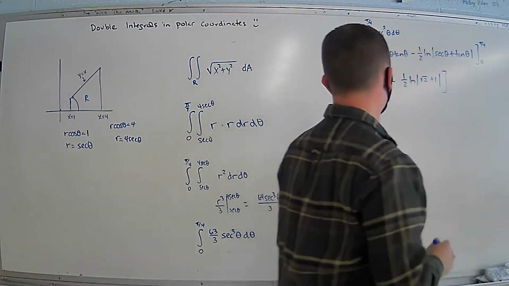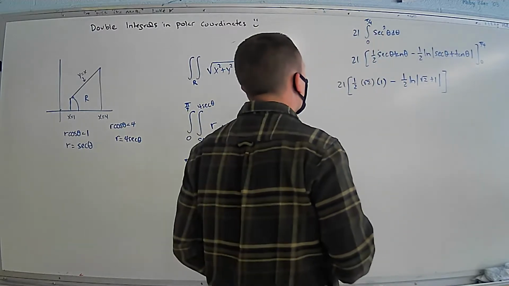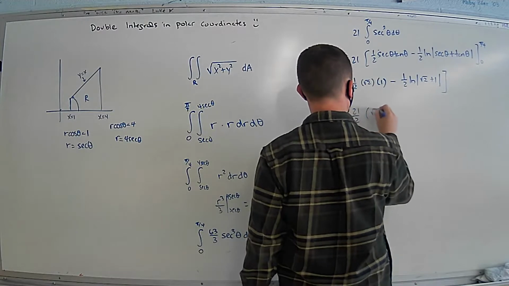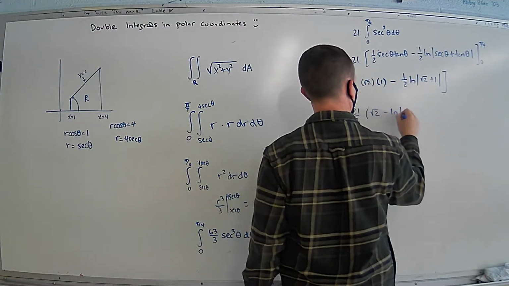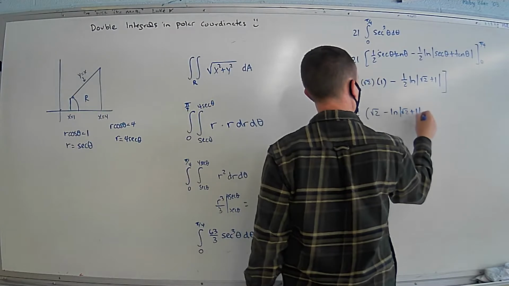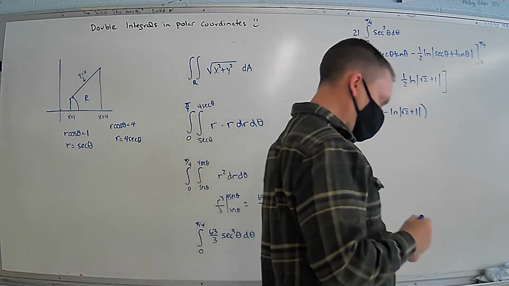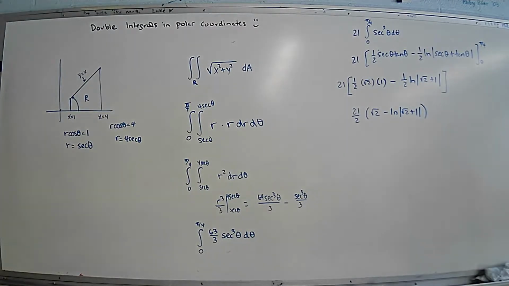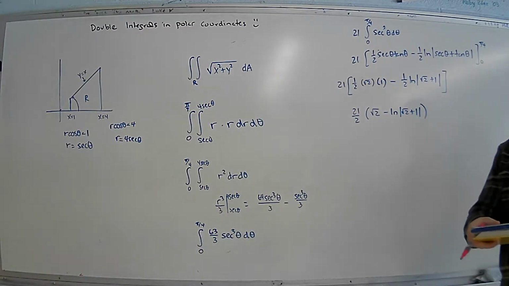So there's the answer: 21 halves times radical 2 minus natural log of radical 2 plus 1. It's not hard if you remember stuff from last year, for sure. Makes it easier.